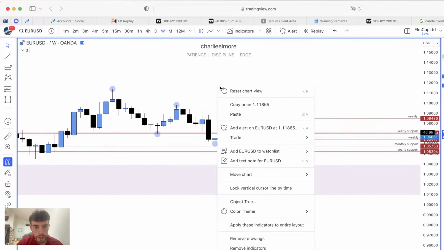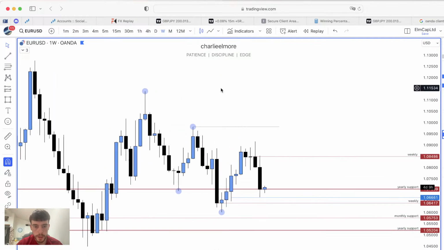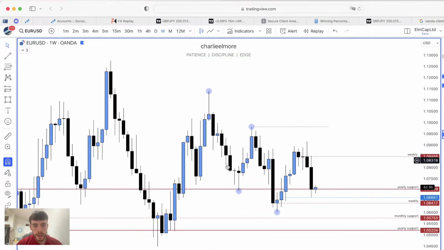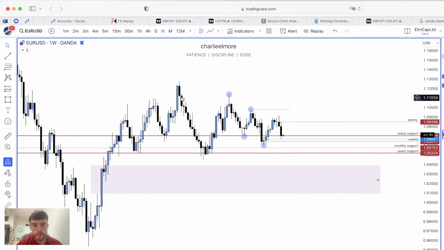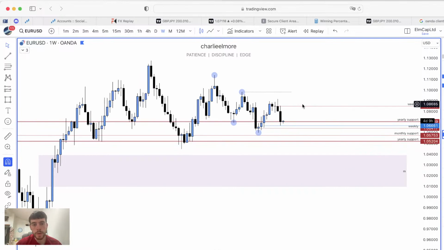Going on to the weekly, just zooming in. This price action has printed the bearish price action. But as we've said, this could just be a pullback. So in order for price to pull back, it's going to print bearish price action. It will have to do that on some sort of time frame for it to come down, and vice versa.